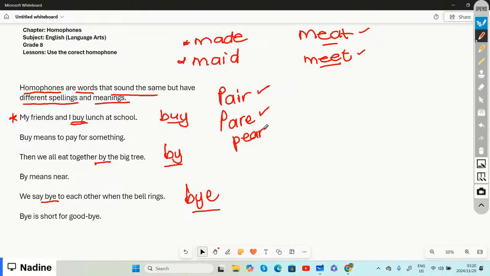And then the other word pear is a fruit. This pear is a fruit that we eat.